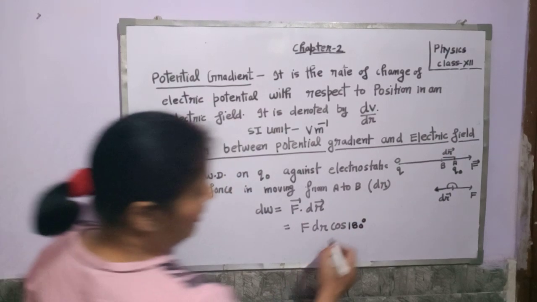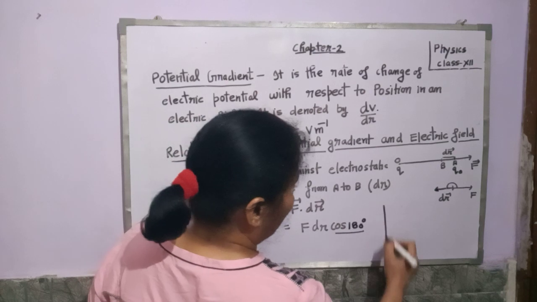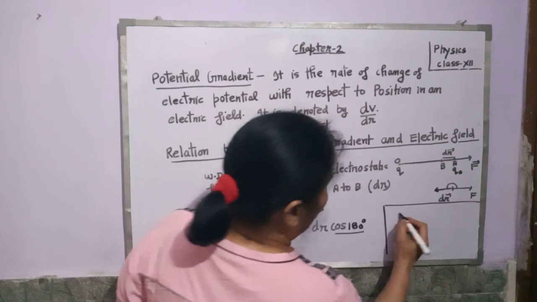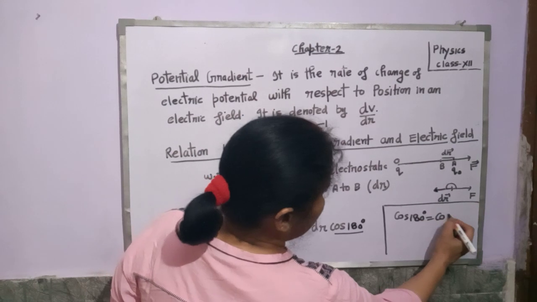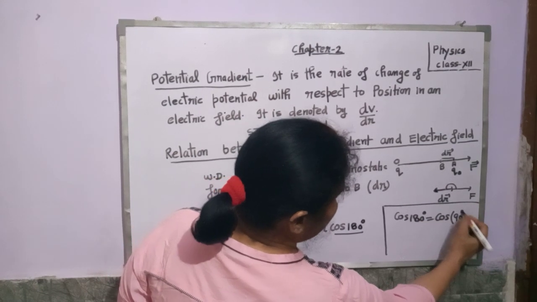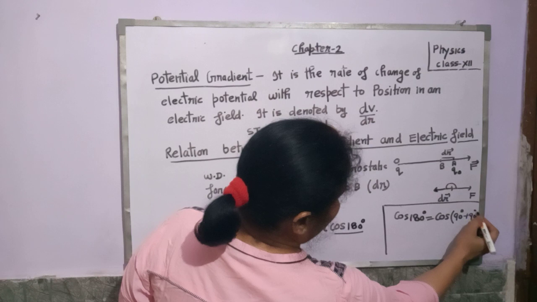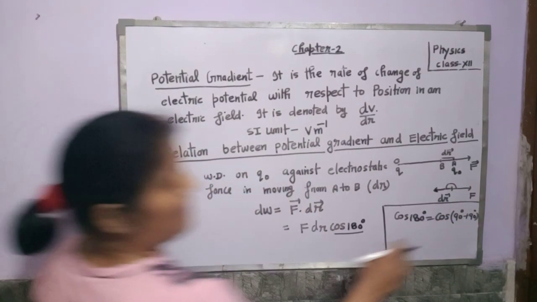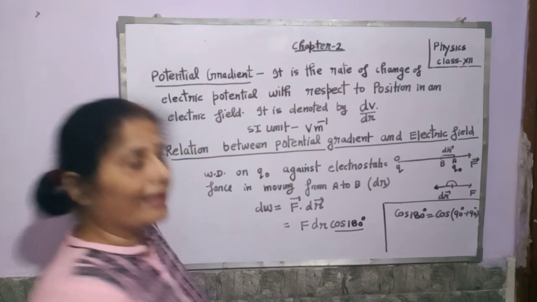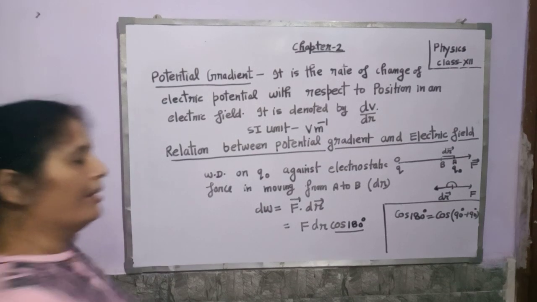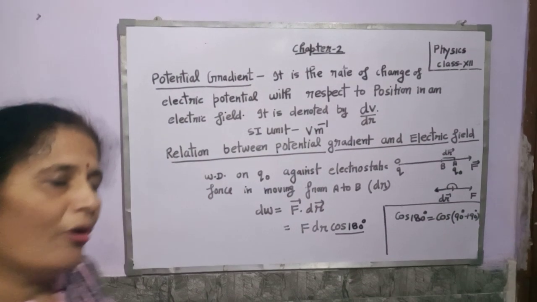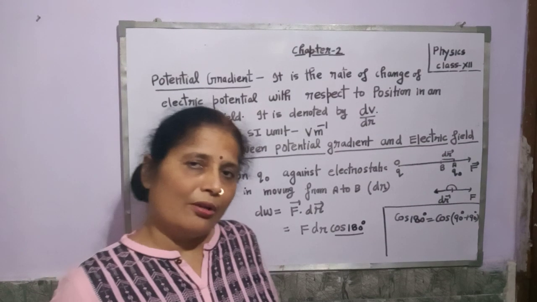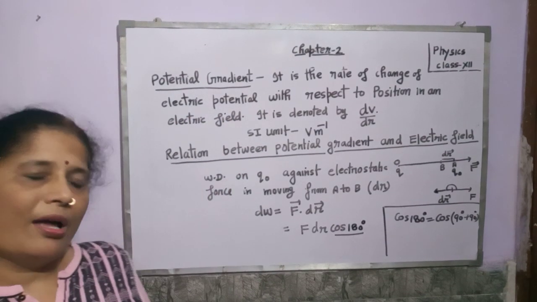How can you determine the value of cos 180? Once again, you can see here cos 180 degree can be written as cos of 90 degree plus 90 degree. 90 plus 90 means it comes in the second quadrant. And when there is 90, cos is converted into sine, and in the second quadrant only sine and cosec are positive, all others are negative.